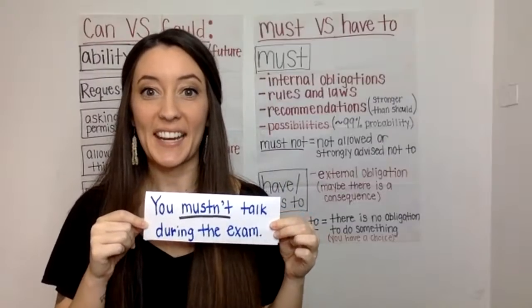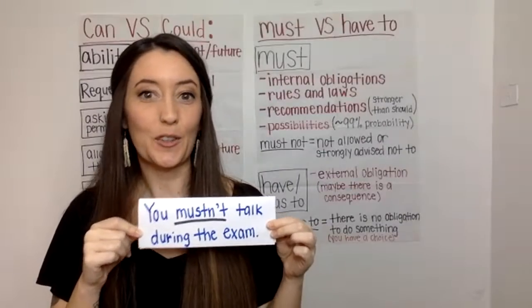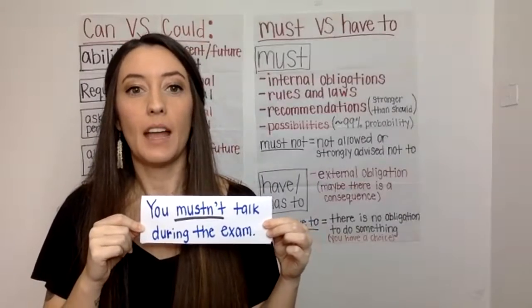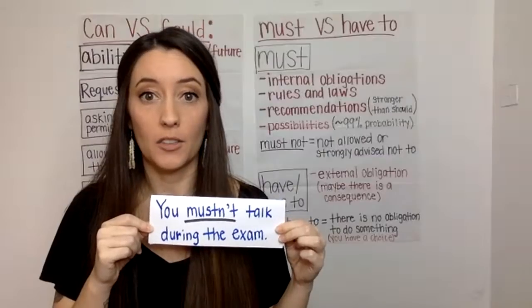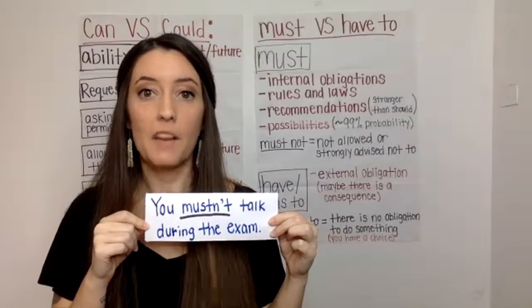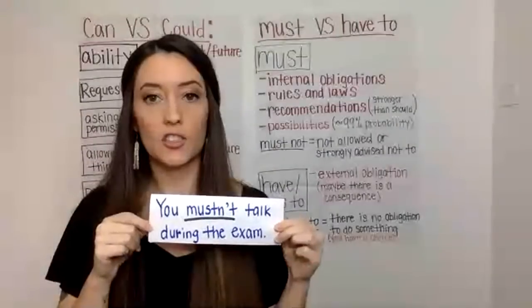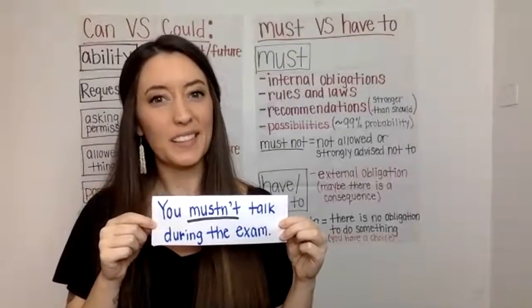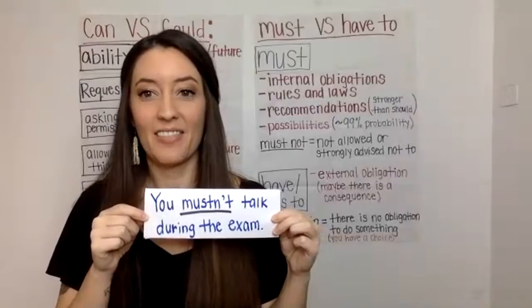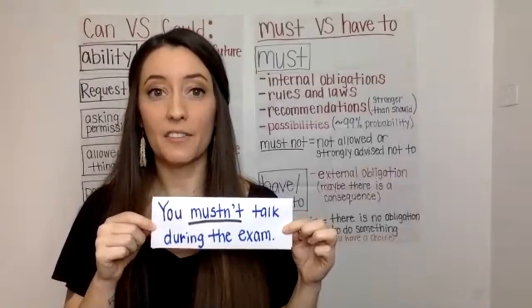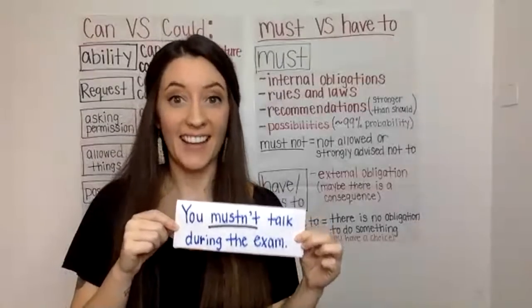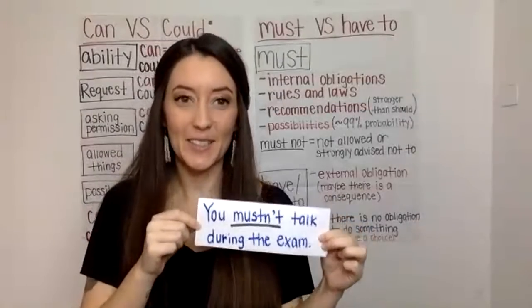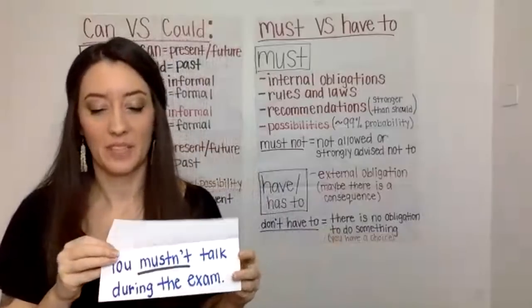So maybe you're taking the IELTS exam or the TOEFL exam, and this is something that's not allowed. You're not allowed to talk during the exam. So the professor or the instructor would say you mustn't talk during the exam. You don't really have a choice. That's the difference between the negative versions of must not and don't have to.